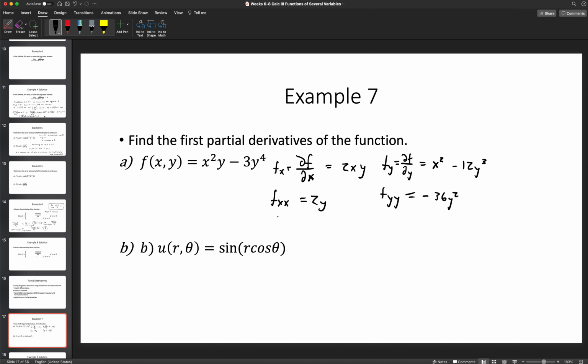And you could also take what they call mixed partial derivatives. If you do fxy, that means first take the derivative with respect to x, then take the derivative with respect to y. So you'd look at this one here, take the derivative with respect to y, and you just get 2x. Conversely, you could take the derivative with respect to y first, then with respect to x.